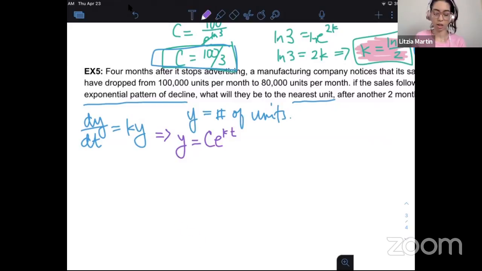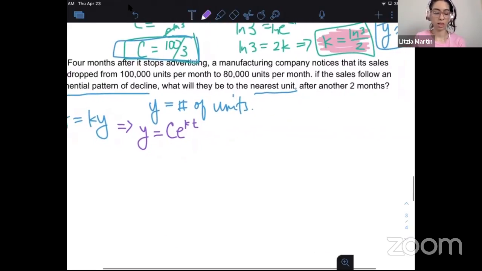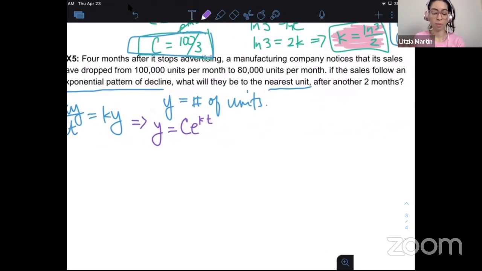Now let's see, what did they tell us? It says 4 months after it stops advertising, a manufacturing company notices that its sales have dropped from 100,000 units per month to 80,000 units per month. So that means that when they started, when t is equal to 0, y is equal to 100,000 units.